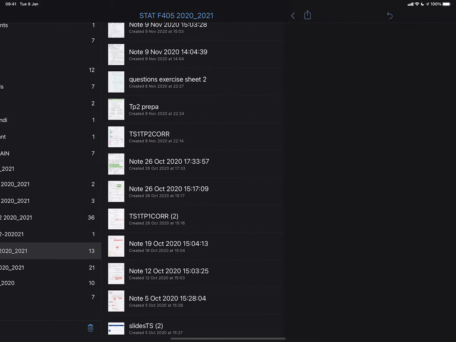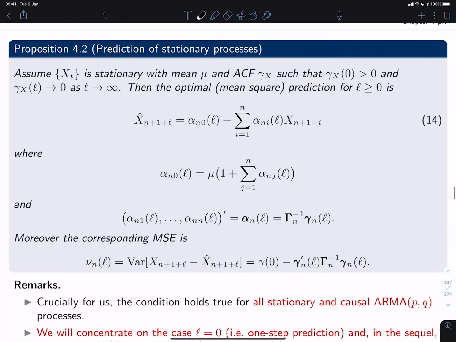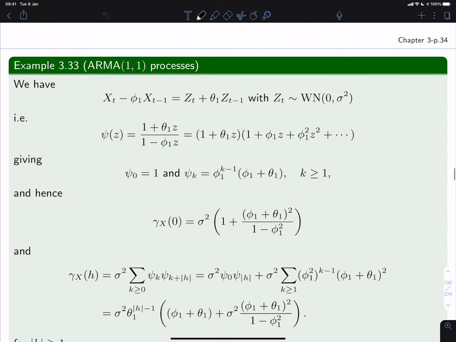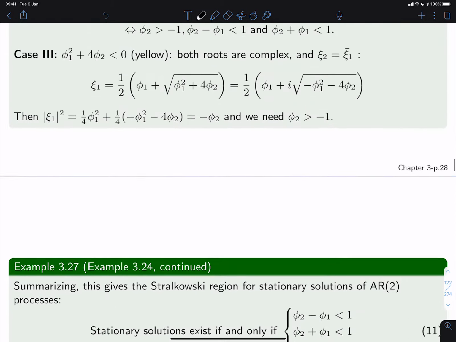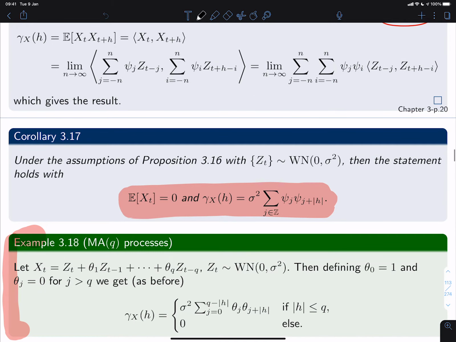Okay, so with all this we can go back to the slides. God, I'm slow. And I will go a bit faster now. I'm going to leave a few things not done, and these things not done will be left for you to do unless I tell you that they're not for you to do.